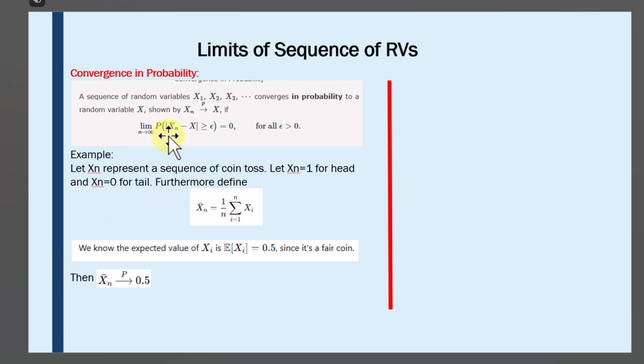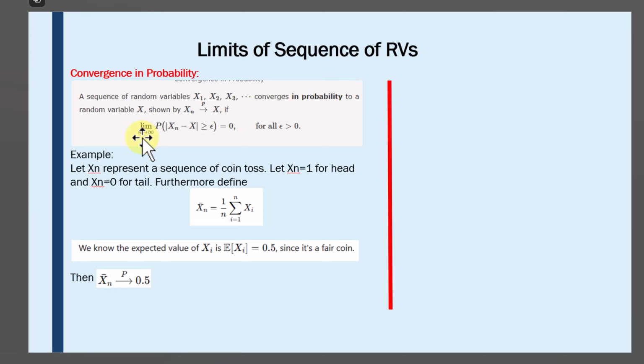We have a couple of other types of convergence as well. For example, convergence in probability. A sequence of random variables X1, X2, X3, and so on converges in probability to another random variable X, shown by Xn →p X, if the limit as n goes to infinity of the probability that |Xn − X| is bigger than epsilon goes to 0, for all epsilon bigger than 0. The intuition behind this limit is the following.